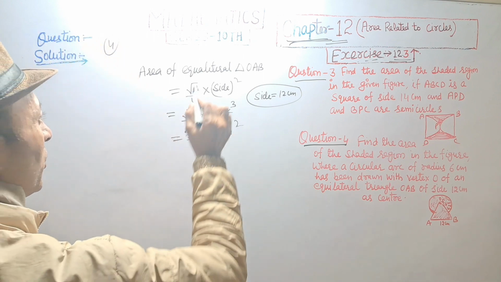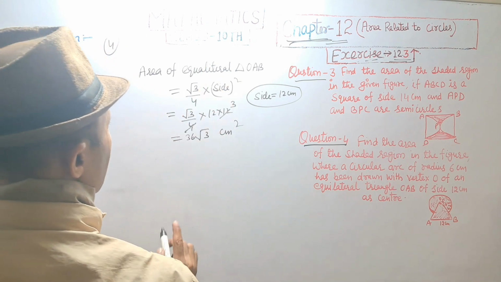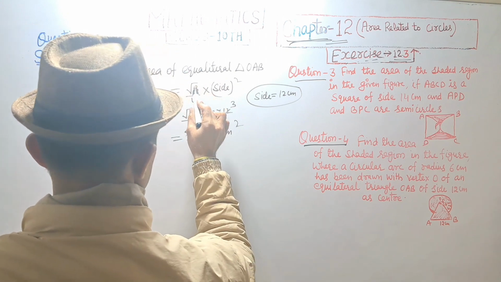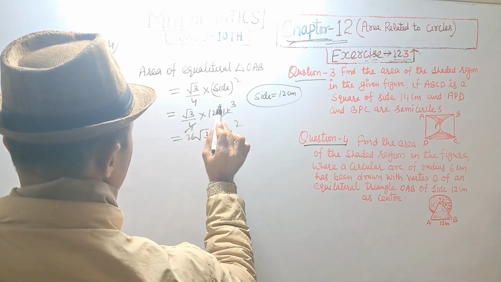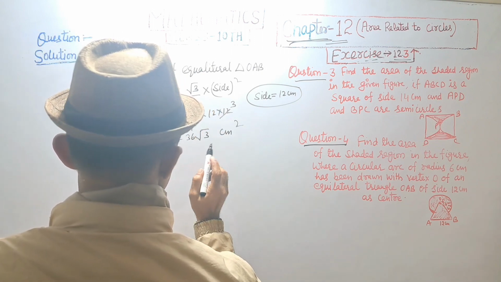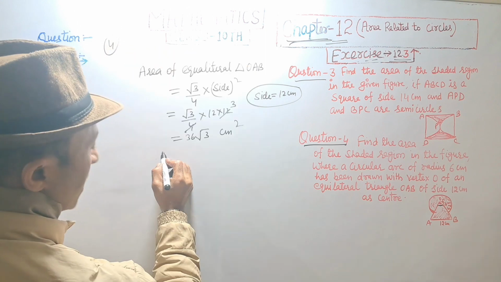Area of equilateral triangle OAB is 36 root 3 centimeter square.